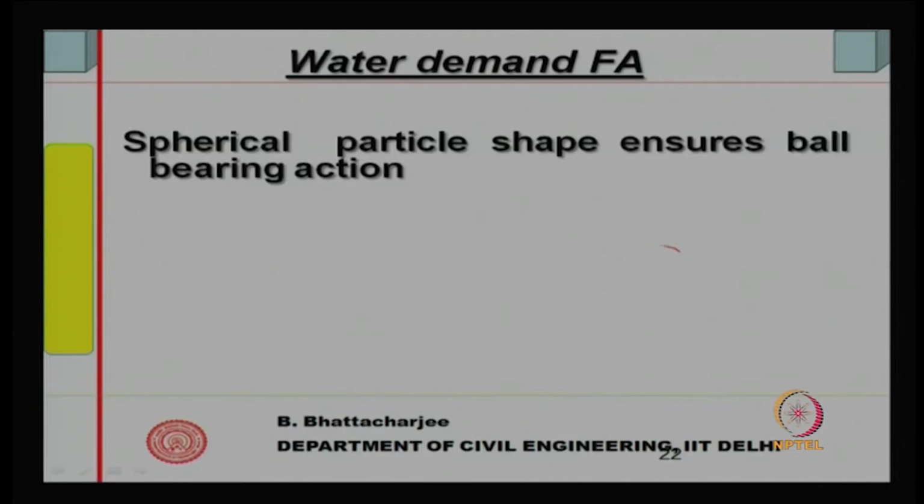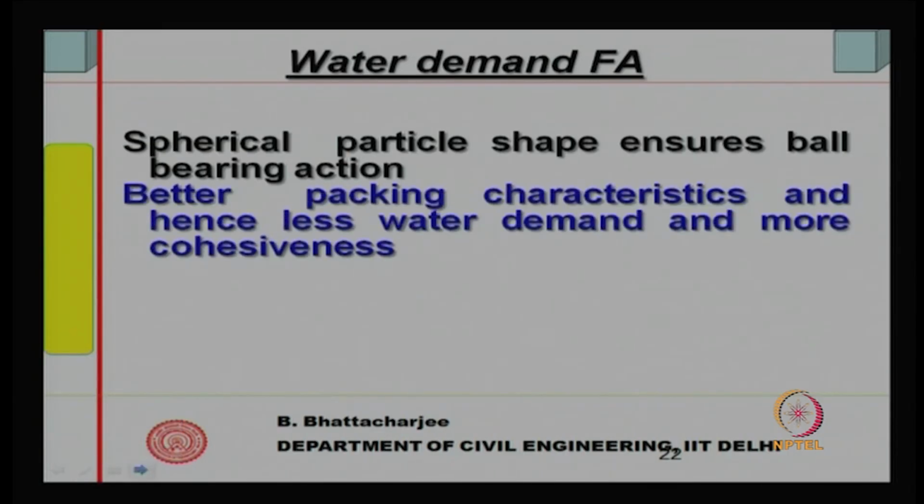That means, on a circular or spherical particle, all other particles can move very easily on top of it, they can roll over. So, this is called ball bearing action, and fly ash can exhibit this ball bearing action, because they are spherical. Better packing characteristics, and hence less water demand.